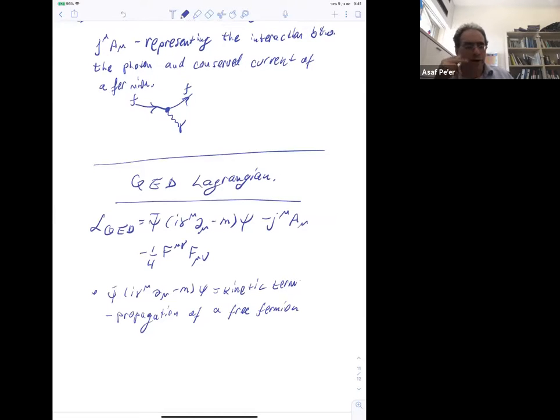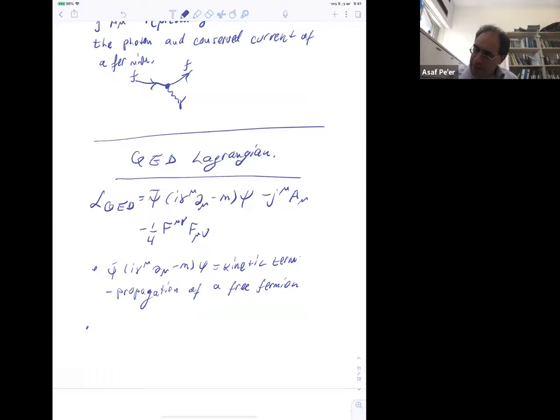This was the requirement of conservation of the fermion momentum and the angular momentum. The second kinetic term, minus 1/4 F_mu nu F^mu nu, is the kinetic term of the free photon.